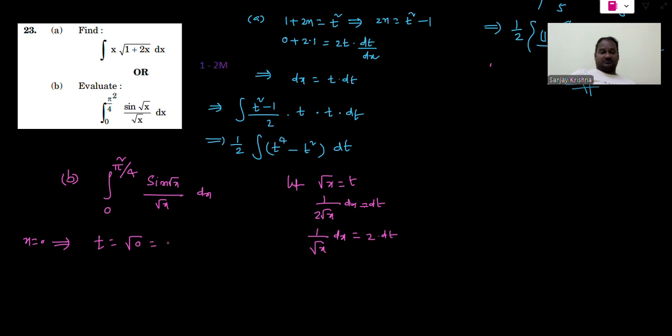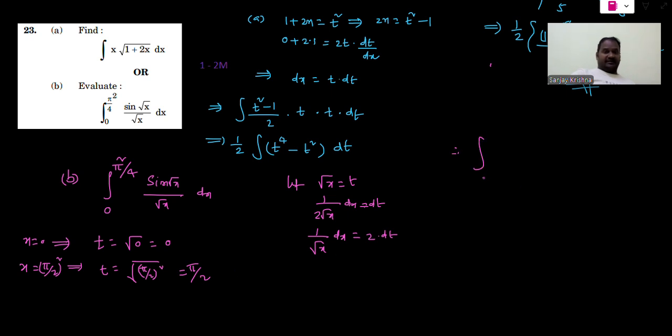Root over 0, obviously it is 0. This is the lower limit, and upper limit is x is equal to pi square by 4, which means pi by 2 whole square only, right? Then what is the value of t? t is equal to root over pi by 2 whole square, which is going to be pi by 2. Therefore, our new limits are from 0 to pi by 2.